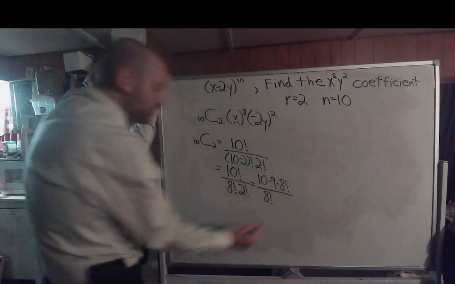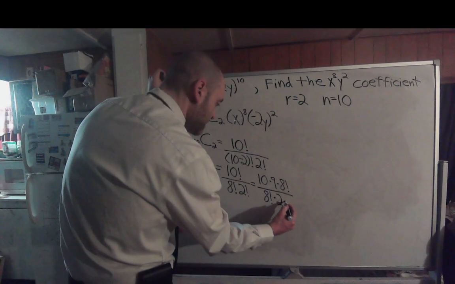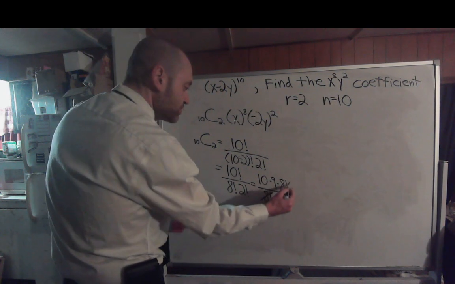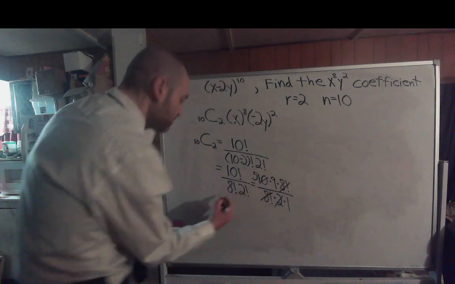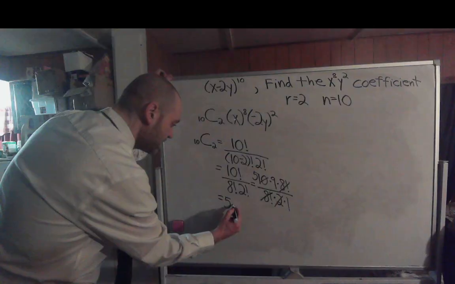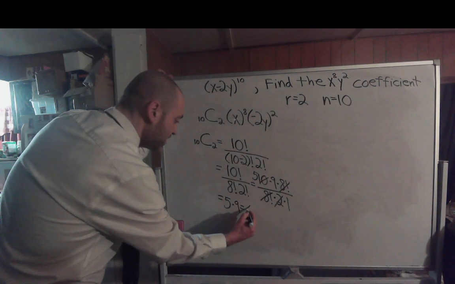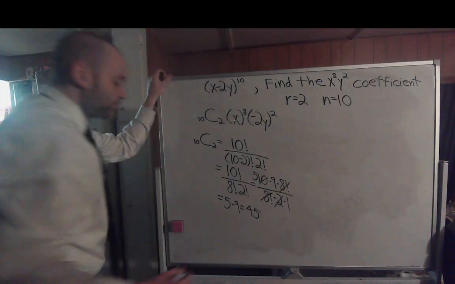Now break down your 2 factorial. That'll be times 2 times 1. Well, your 8 factorials are gone. 2 goes into 10 5 times, so literally you just have 5 times 9. So that's going to be 45.